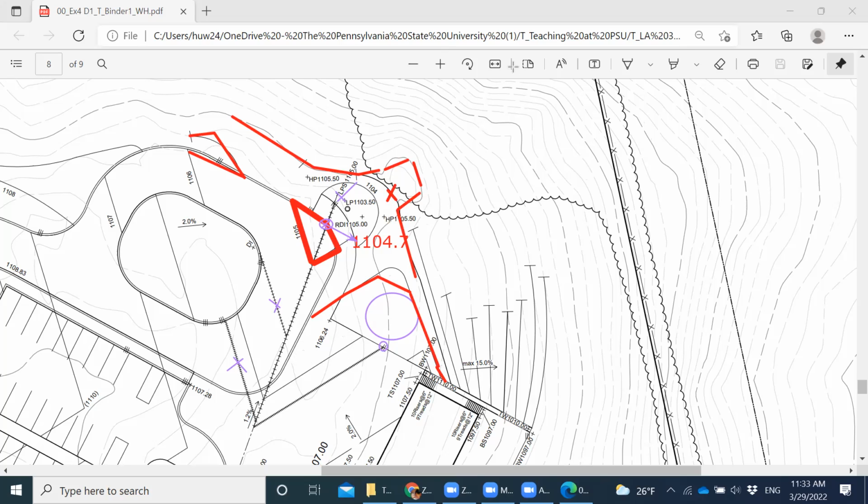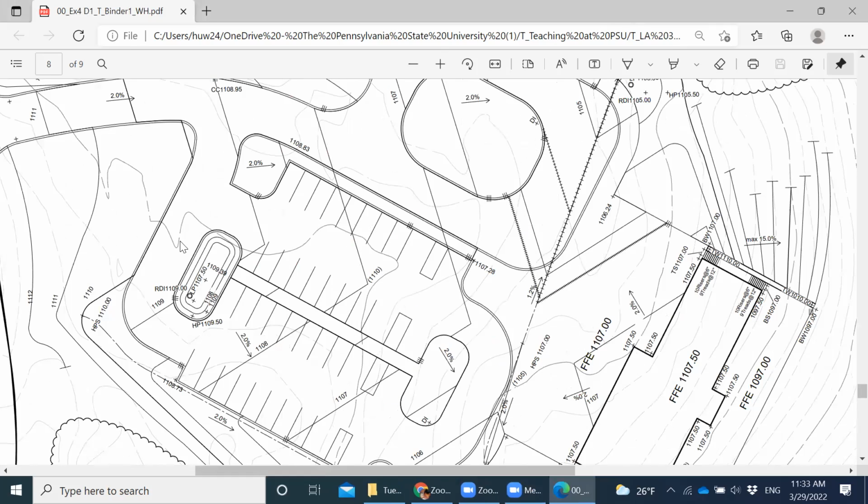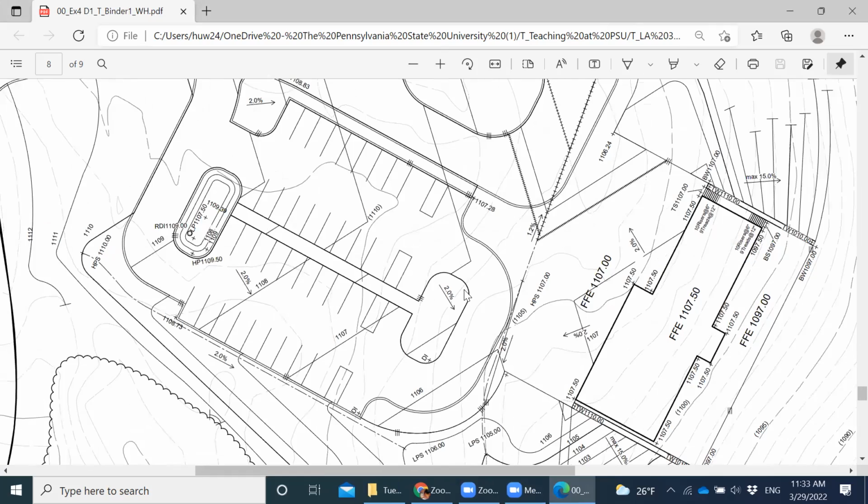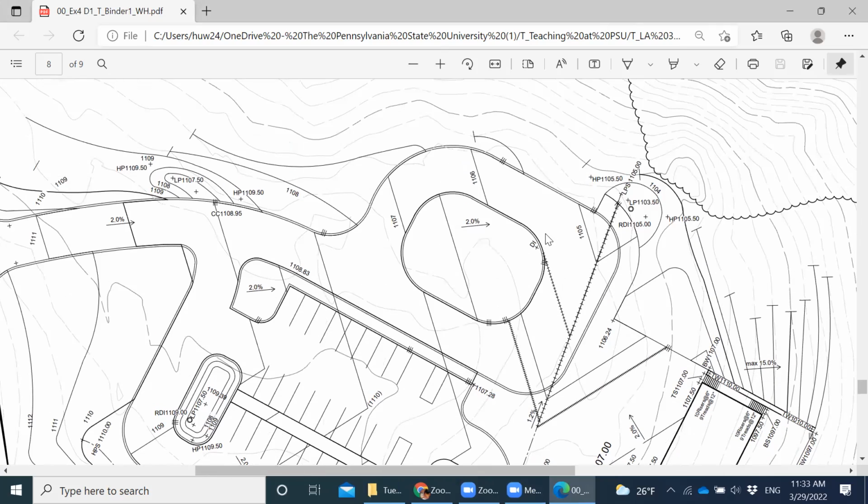Anything else? Also, inside the traffic circle, there's one more inside here. No, I didn't draw that, but I think there's a problem when I want to draw. It's in this big circle. For this one, your curb cut will be somewhere here and there, right?